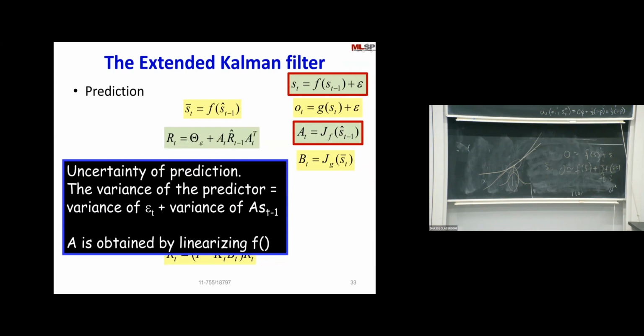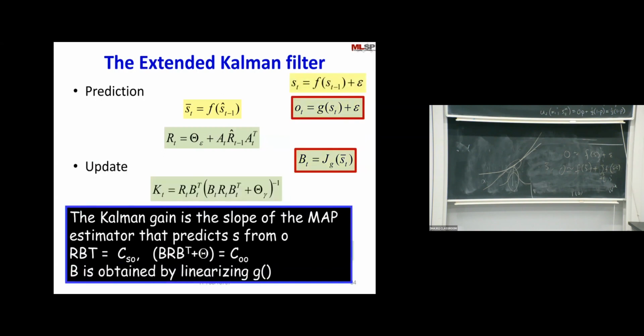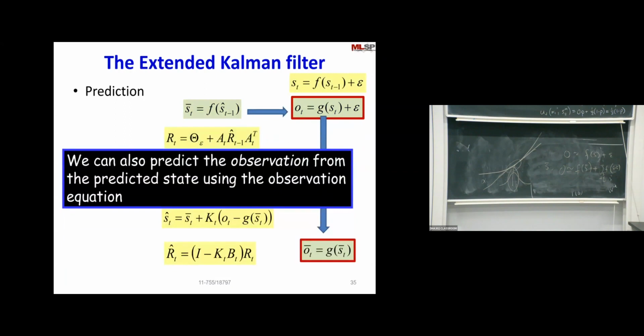S bar T. Right. Correct. That makes sense because you predicted the state. The state was S bar of T. So I'm going to put the predicted state through my equation, right? And so the predicted observation is now going to be simply G of S bar of T.